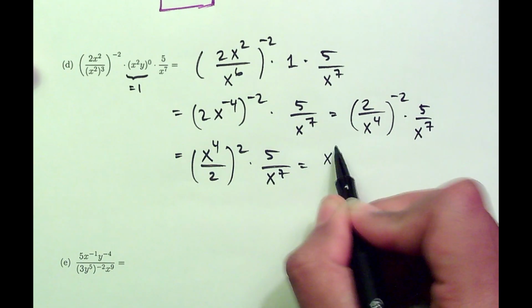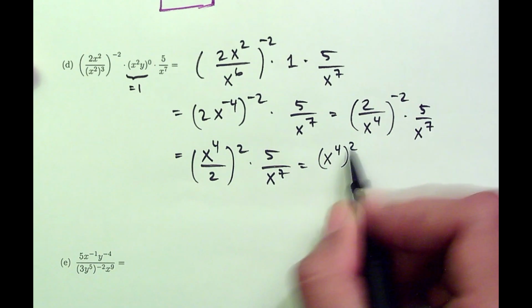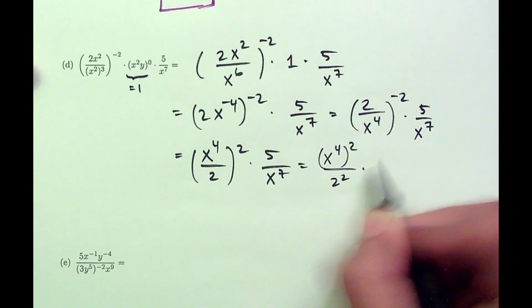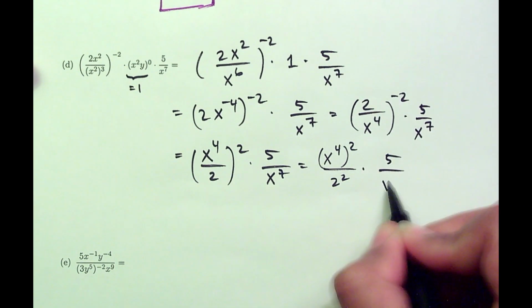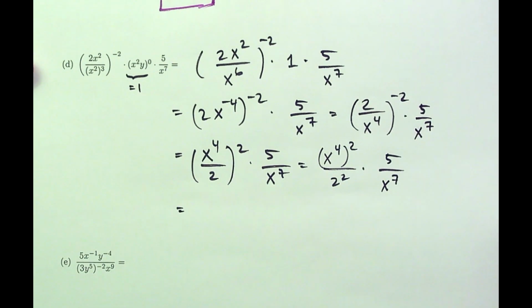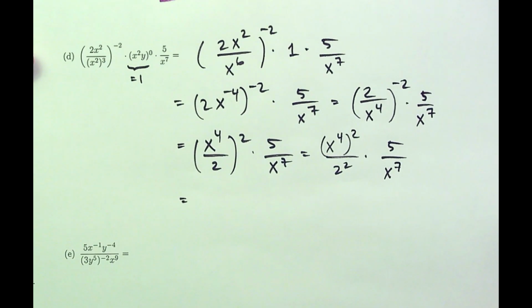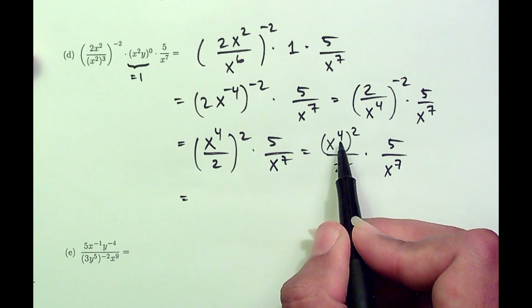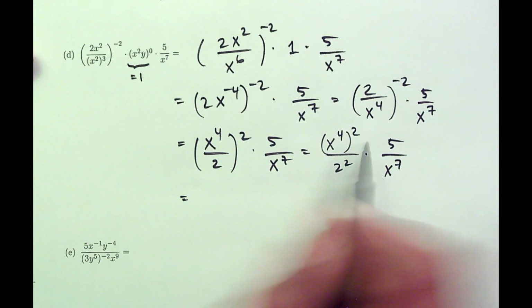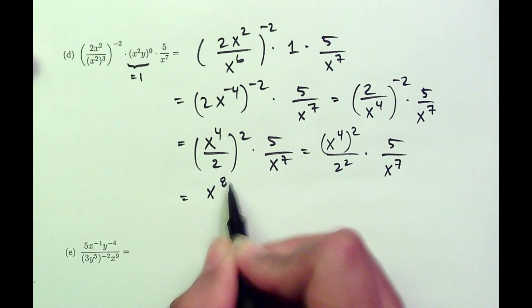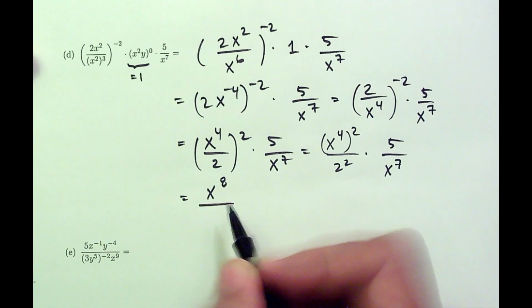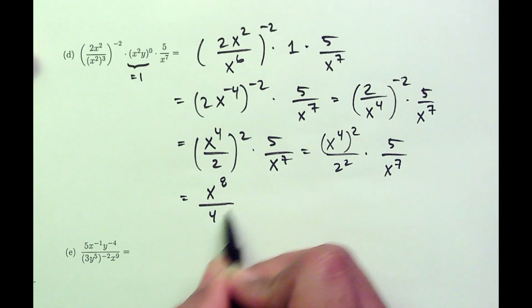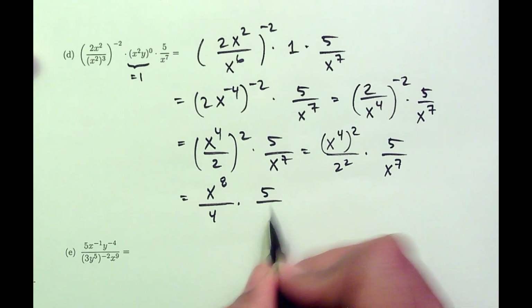So that means the top gets squared and the bottom gets squared. Now, exponent back to back, x to the 4 to the 2, that would be x to the 8. You multiply, in this case. 2 squared is 4, 5 over x to the 7.